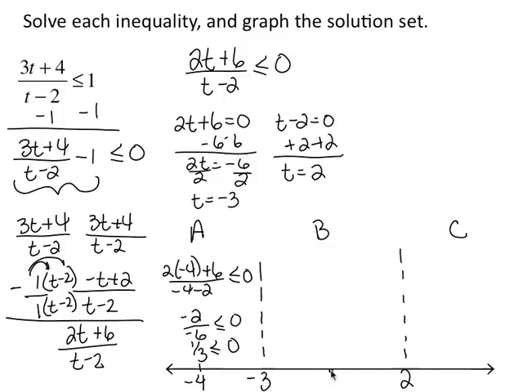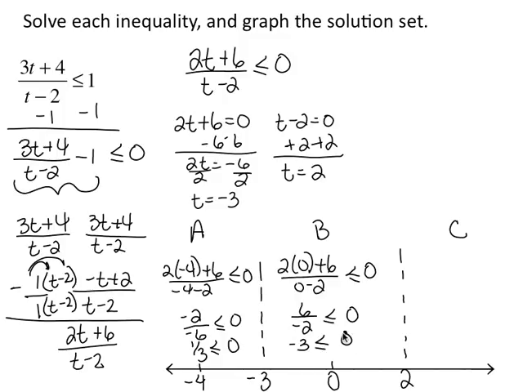So now let's pick a test point for interval B. I'm going to use the test point 0. So (2 times 0 plus 6)/(0 minus 2), is that less than or equal to 0? So we have 6 divided by negative 2, is that less than or equal to 0? So negative 3 is less than or equal to 0, so we can include all the points from interval B. And then a test point from interval C, I'm going to use the test point 3.